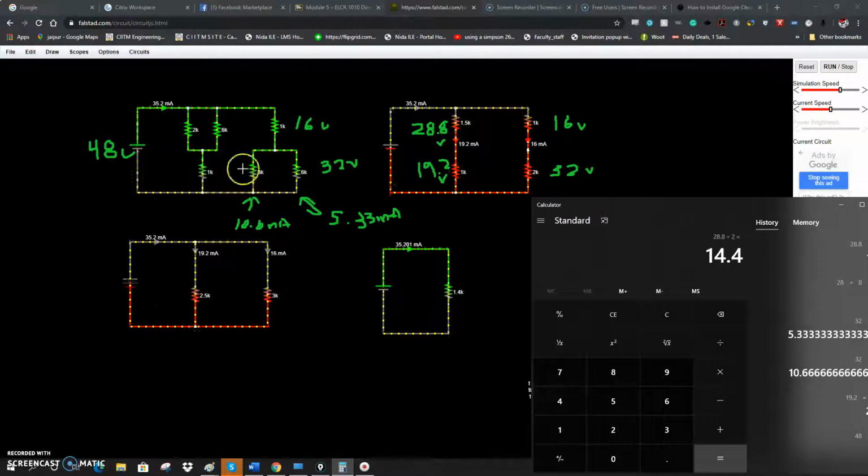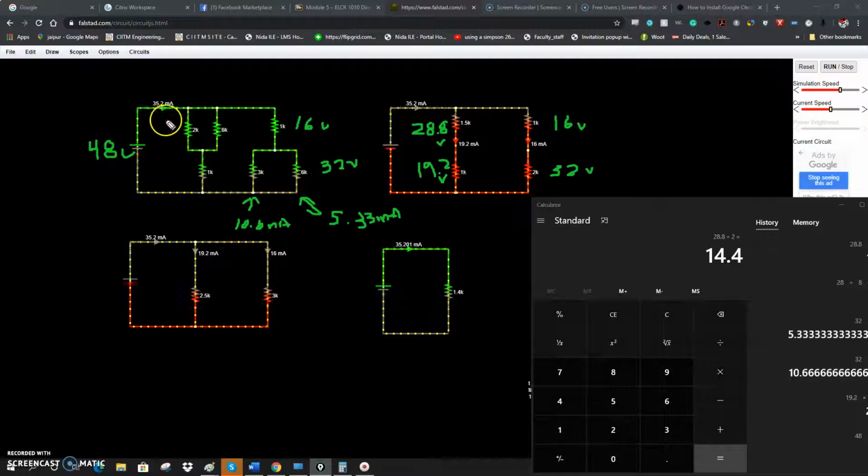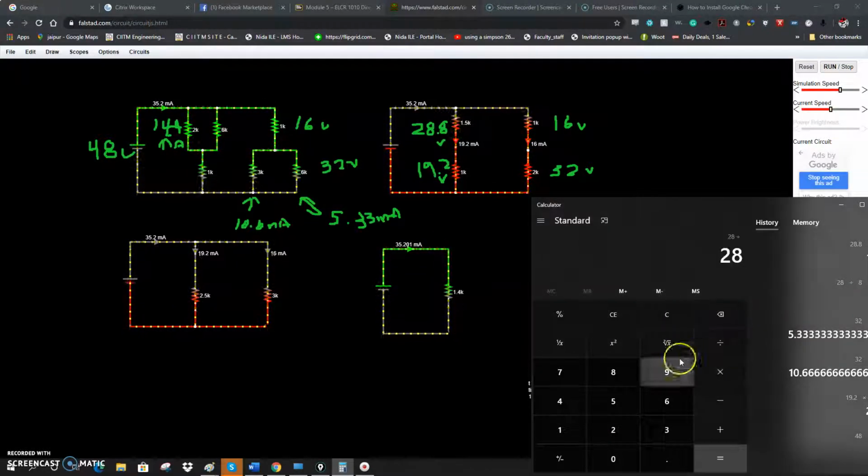That's right. So I'm going to try to write that for us. I'll try to sneak it in here. 14.4 milliamps. And I know my writing is horrible, but it's okay. And we're going to come over here and do 28.8 divided by 6.